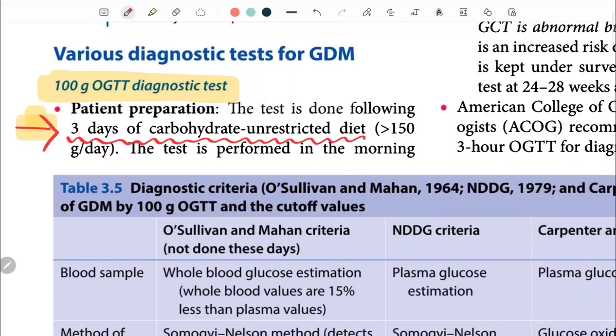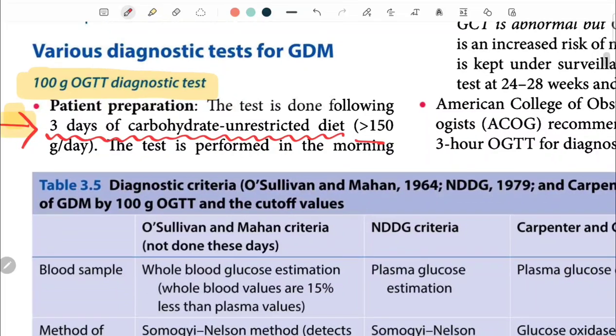The patient can have any diet, not carbohydrate restricted, for 3 days, that is more than 150 gram per day.